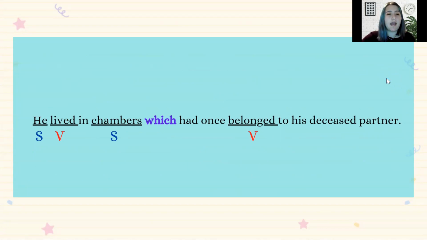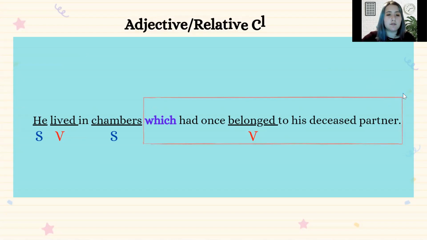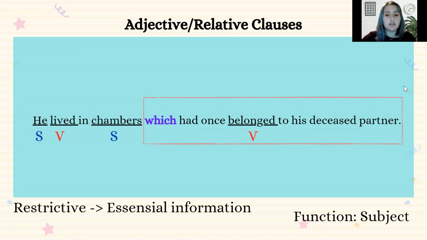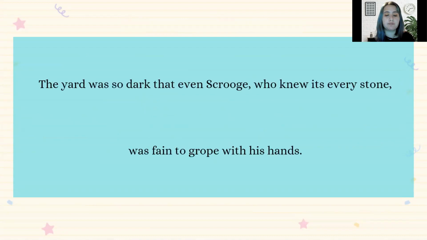So we can ask the question, which type of chambers? That means that this subordinate clause is a relative or adjective clause because it's modifying a noun. It is also a restrictive clause and the function is of a subject in the clause.